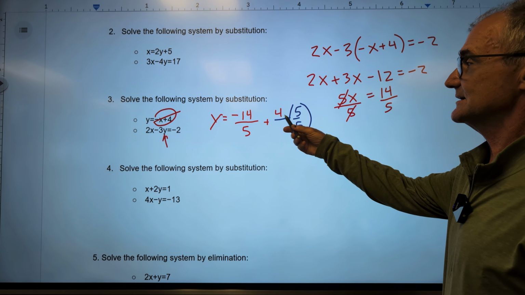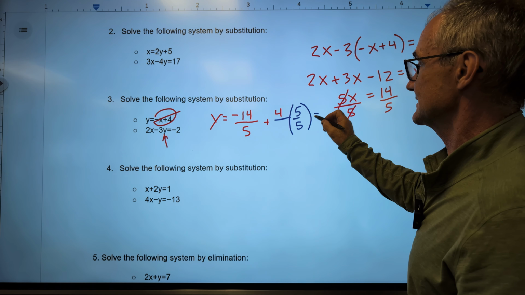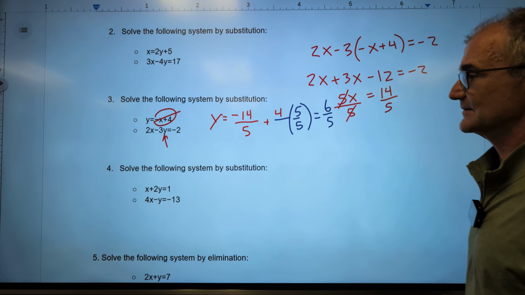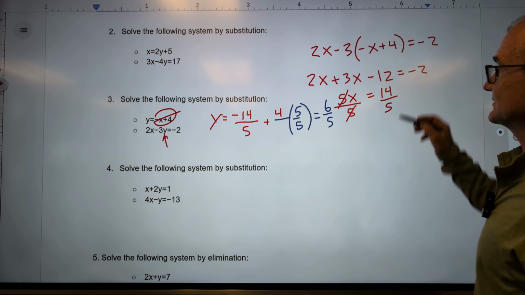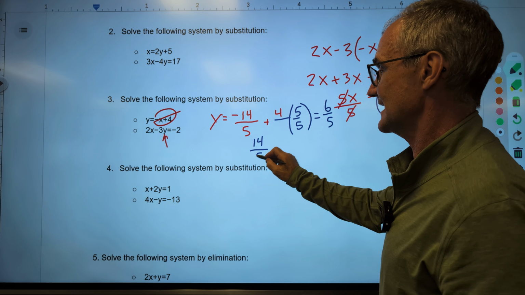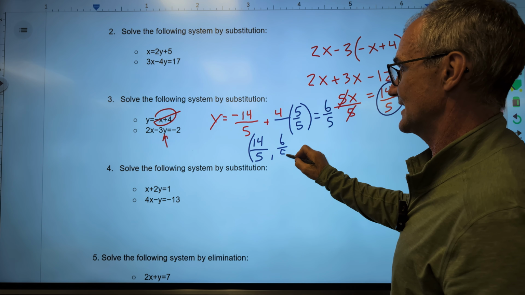This is 20. 20 and negative 14 is 6 over 5. So my x value was 14 over 5. You could just leave it like that. And my y value is 6 over 5.